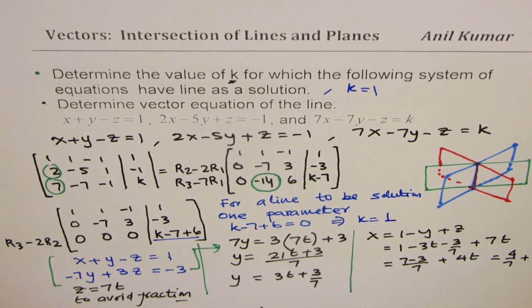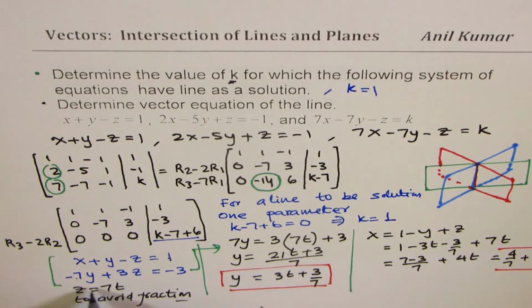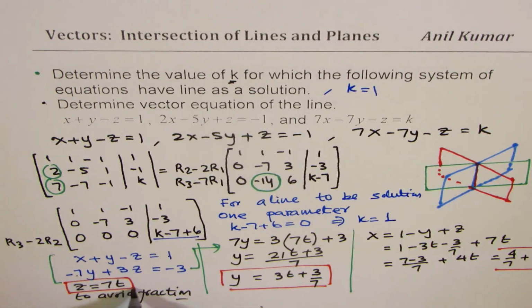We have the equation of the line, which we need to write in vector form. Let me highlight the equation first. This is the value of x, this is the value for y, and z is 7t.